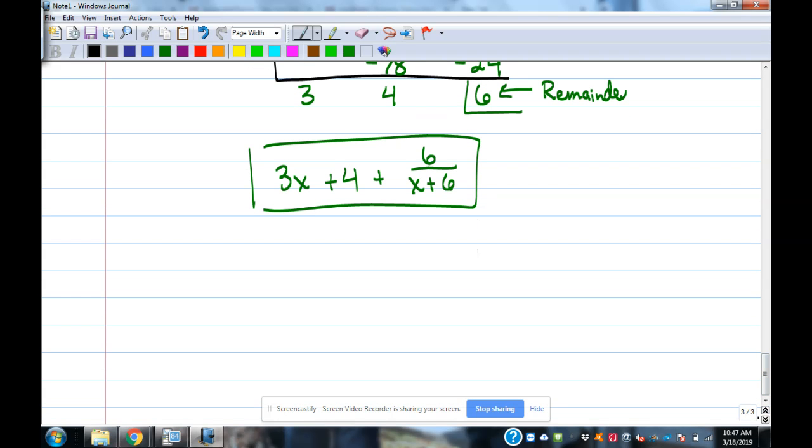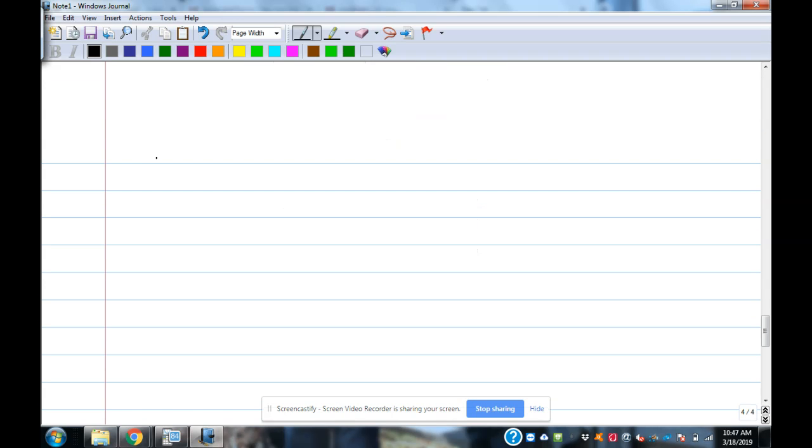Let's take this one. 18x squared minus 18x minus 10 divided by 6x minus 3.